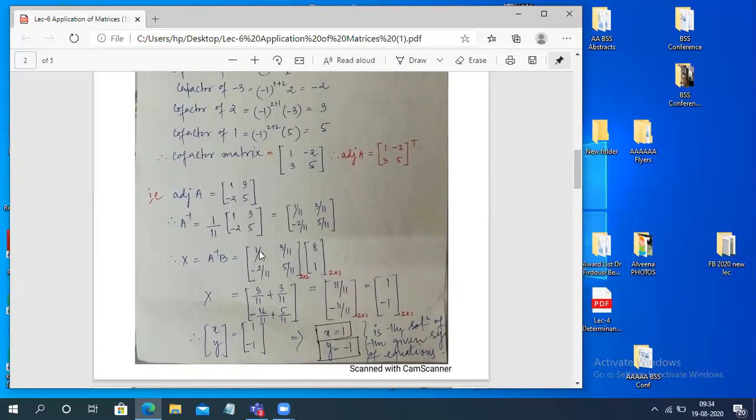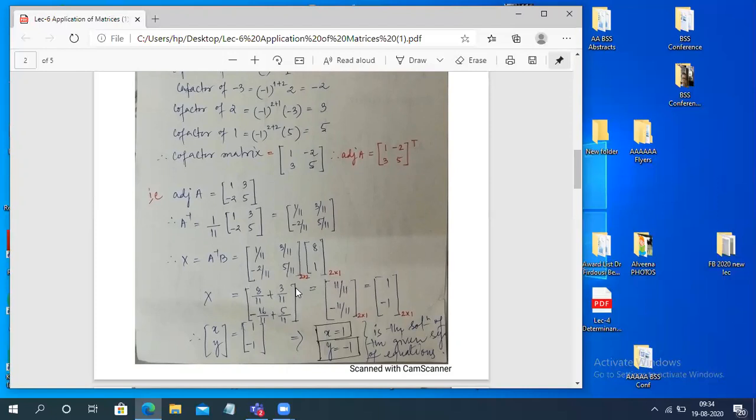So by the matrix multiplication rule, it will be 1 by 11 into 8 plus 3 by 11 into 1. It will form the first row, and the second row will be formed by multiplying the second row with the column. So minus 2 by 11 into 8 plus 5 by 11 into 1, and that will form the second element of the column matrix.